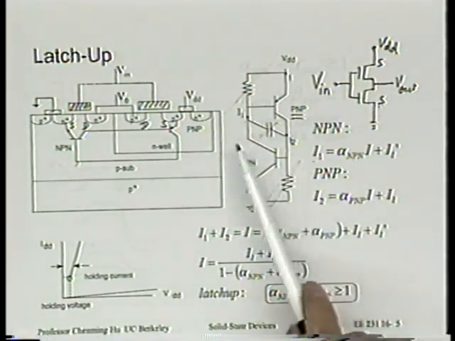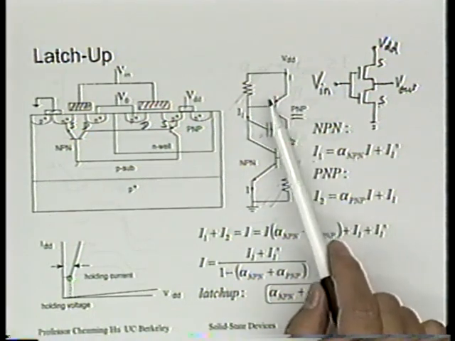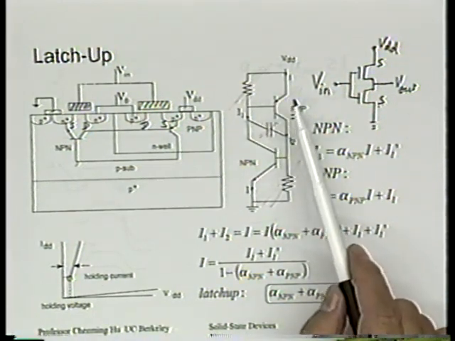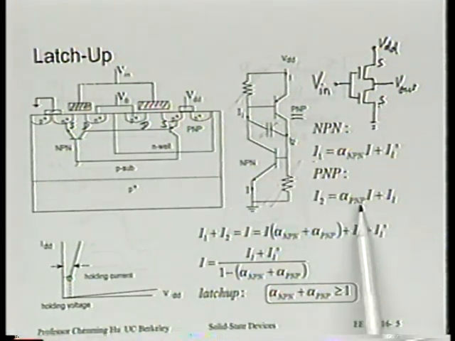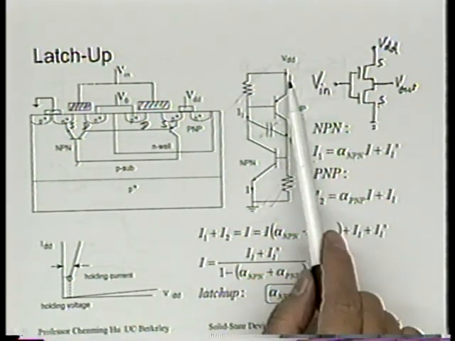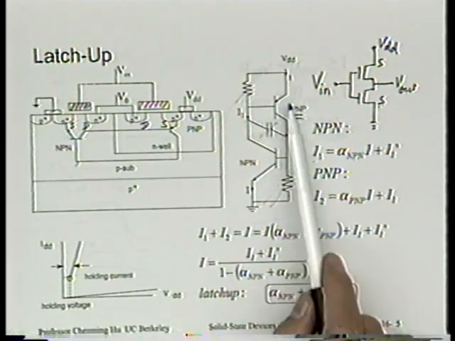Similarly, if we look at this PNP transistor, we can say that the collector current, which is I2, is equal to alpha times the emitter current. The emitter current is I, the total current.